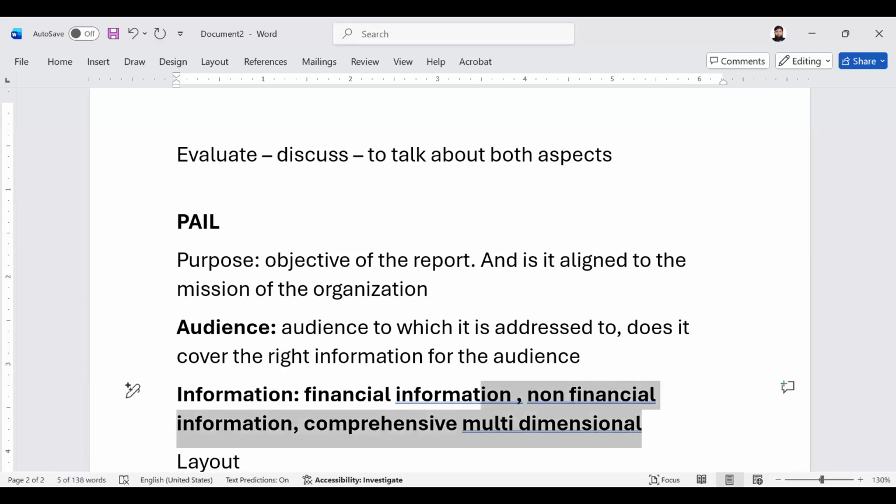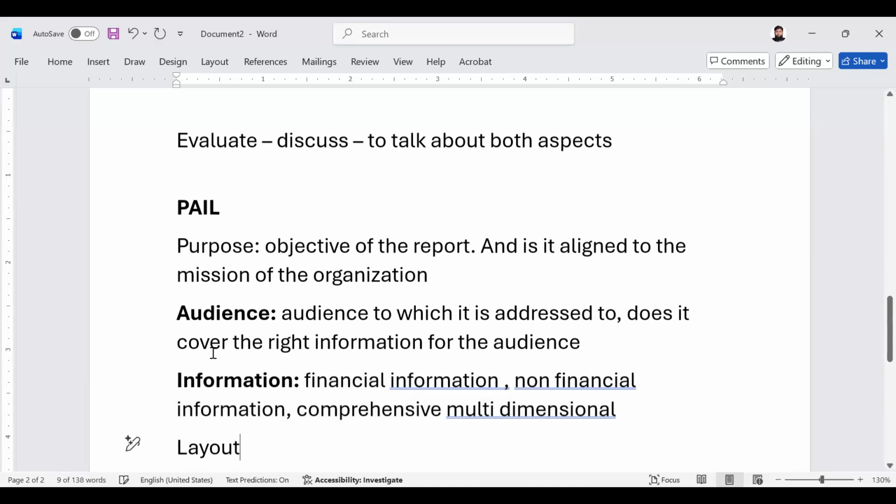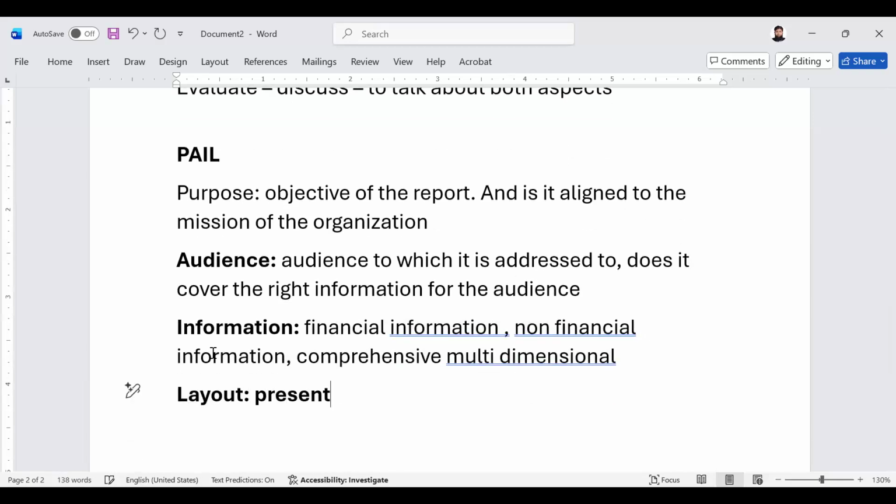That is what information actually refers to. And then layout is about presentation in the form of graphs, charts, dashboards, etc.